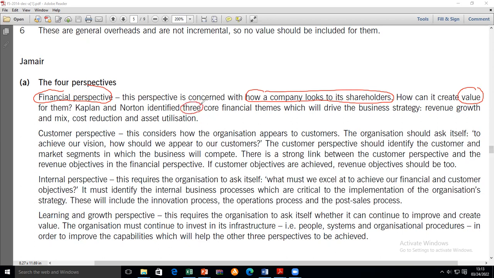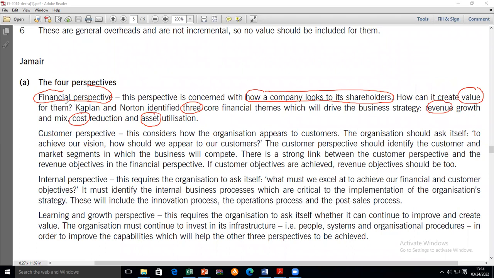There are 3 issues we must consider. Revenue. We must look at the concept of revenue in terms of growth and mix. So to generate value for shareholders, we need revenue. We also need cost reduction, and also we need proper asset utilization.